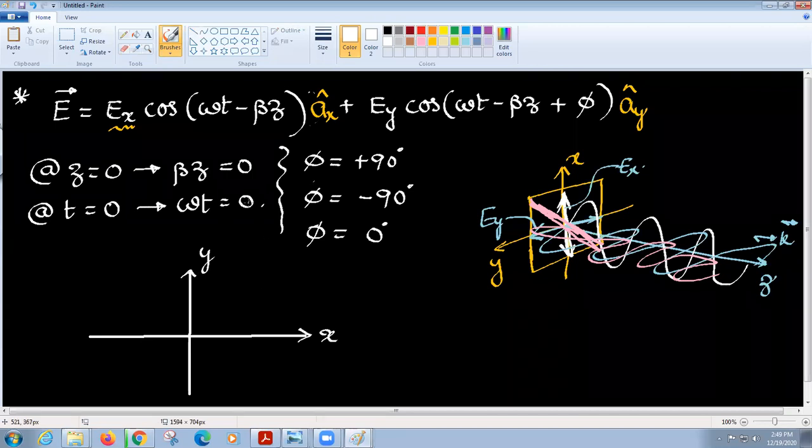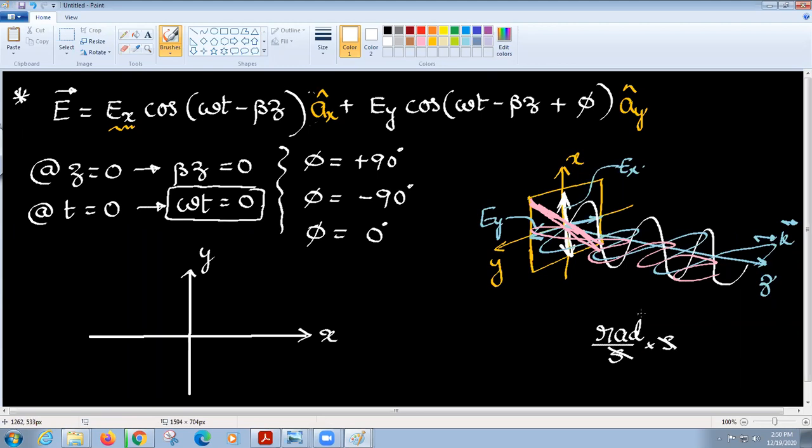First one, I take omega t equal to 0 radians, because omega is in radians per second and t is in seconds, so the units are radians. Whatever this entire argument is, it is a phase. Beta is radians per meter multiplied by z in meters, so again it is in radians.